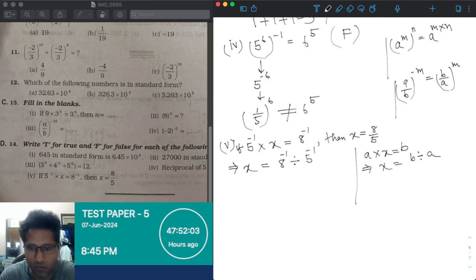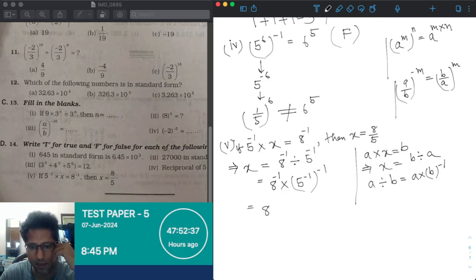So we have x equals the reciprocal of 8 divided by the reciprocal of 5, and this is nothing but the reciprocal of 8 multiplied by the reciprocal of the divisor. We know that a divided by b is equal to a multiplied by the reciprocal of b, which is b to the power minus 1. So this is multiplied by 5, which is already the reciprocal of 5, again raised to the power minus 1.